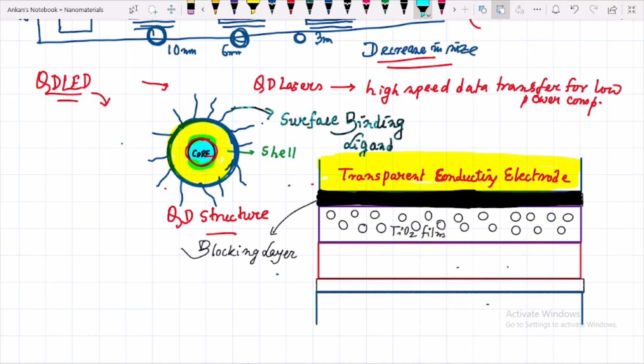The next layer is the quantum dot layer.